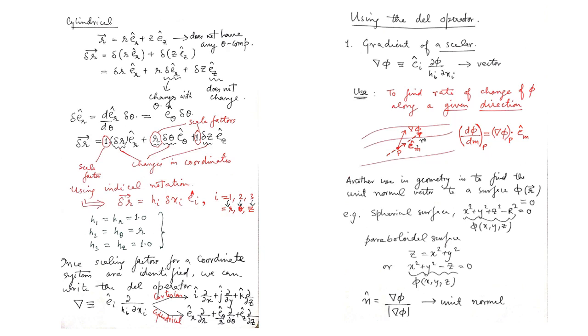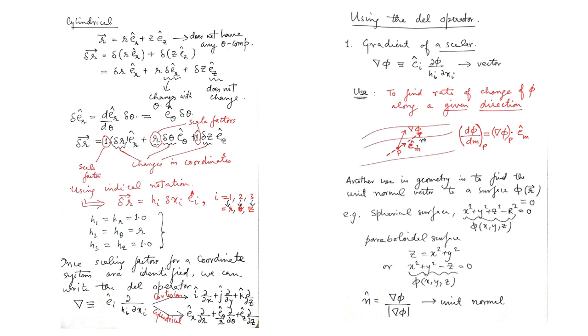So we write it as d phi dm, that means rate of change of phi in the m direction. And this can be written as the dot product of grad phi, being a unique vector at point P, with e_m cap. Grad means gradient, so I'm just speaking in short terminology: del phi or grad phi. If I get this value at point P using the definition given above, then that comes out as a vector.